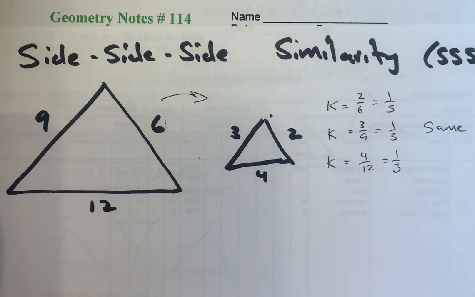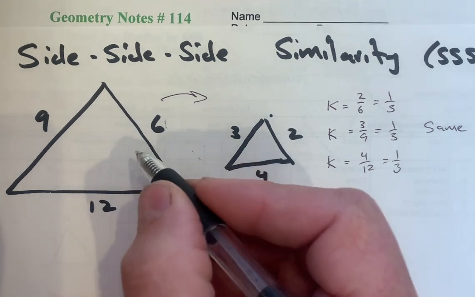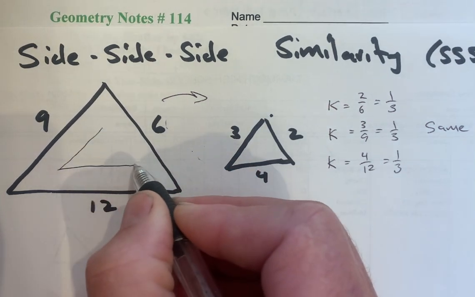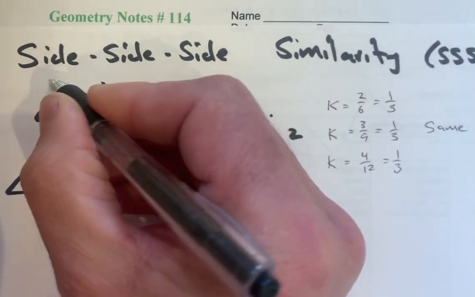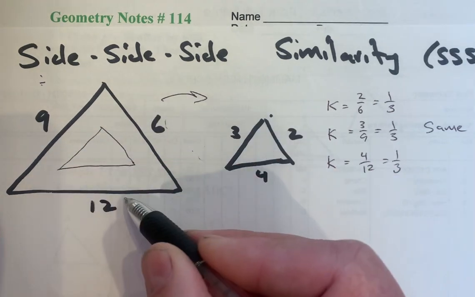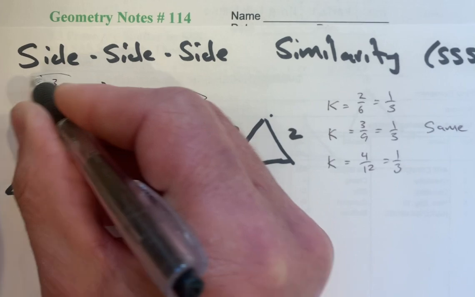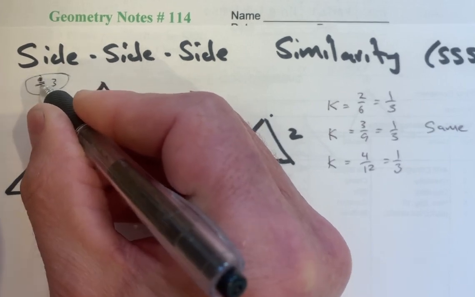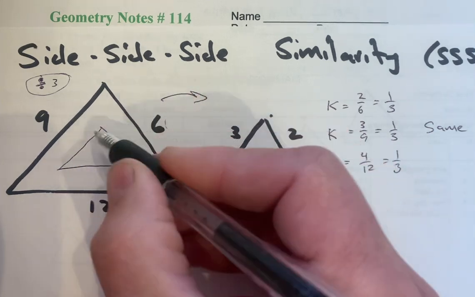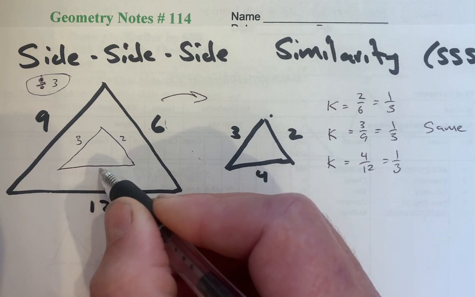What turns out to be a little bit easier to do is to say, what if I took this triangle and created a smaller version of it by shrinking it down? What I'm going to do is divide this one by a number that goes into all of these, which is 3. If I divide all of these by 3, then 9 divided by 3 is 3, 6 divided by 3 is 2, and 12 divided by 3 is 4.